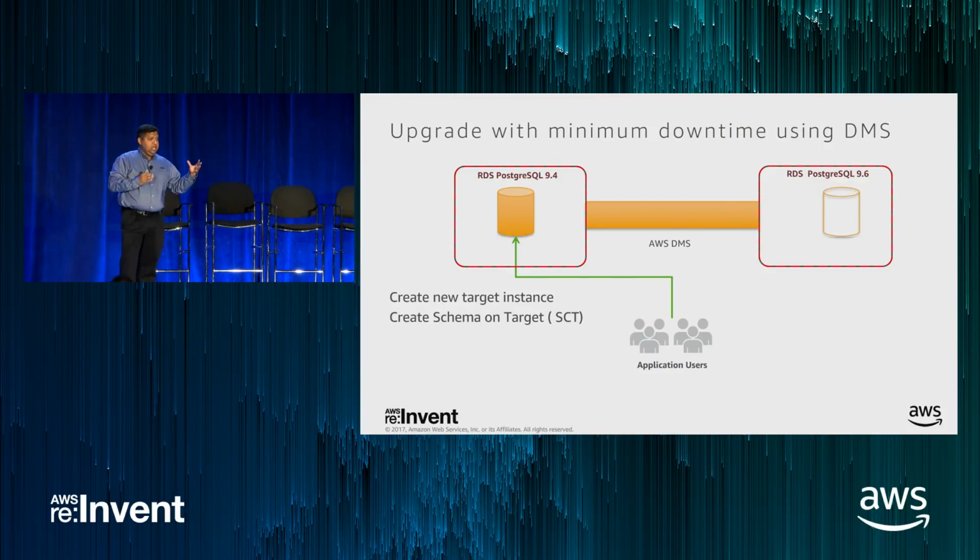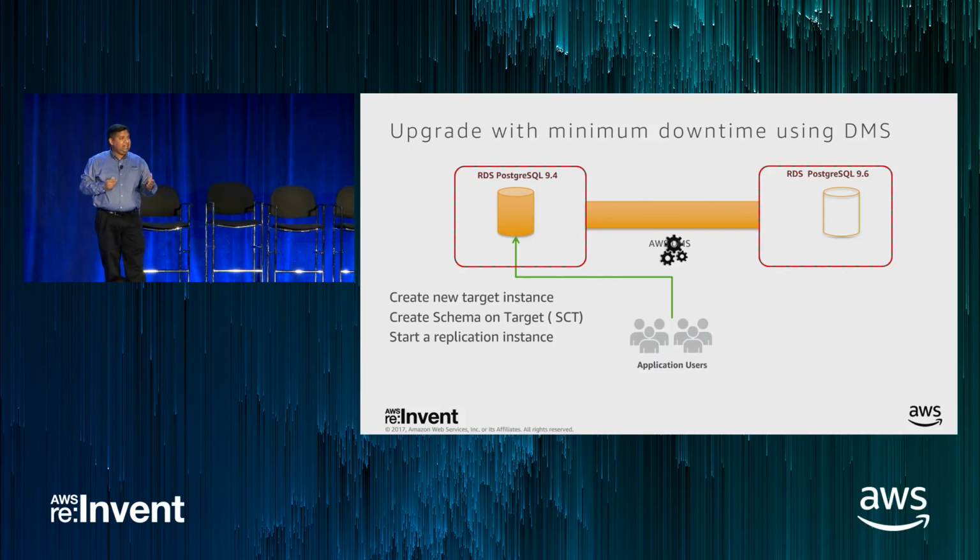I would use some sort of tool to convert the schema and upload it to my new instance. You could use pg_dump -s to dump the schema and load that up. If you want, DMS also provides a free tool called the Schema Conversion Tool, where you can point to your source and convert it to your destination also. So you could use that. But the whole idea is to make sure you get the schema on the other side.